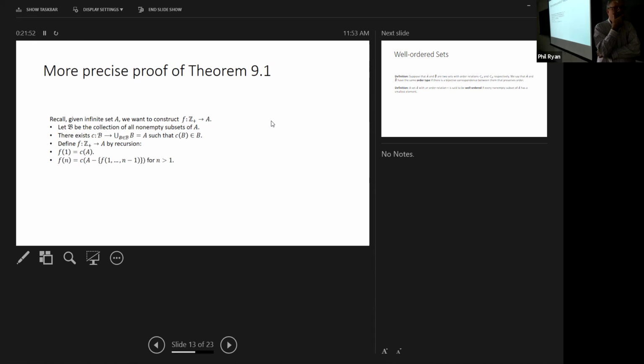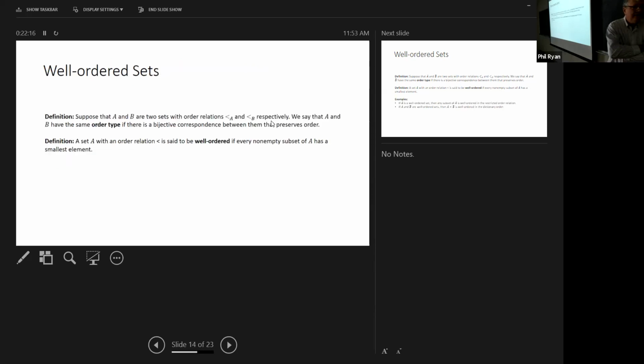We're just going to use the axiom of choice whenever we need it, although we're really not going to use a lot of the full power of the axiom of choice. We're just going to use it for a few examples. All right, but anyway, let's talk about well-ordered sets.